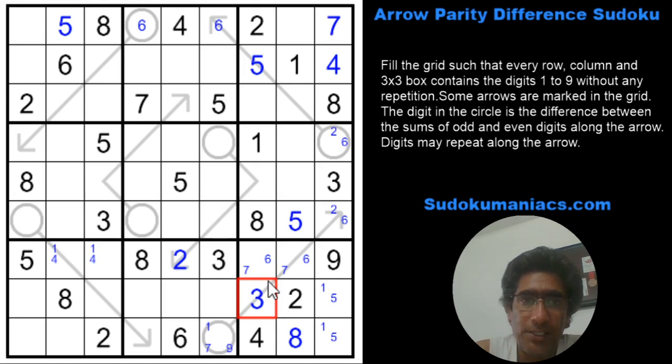But for the odd digits, if the number of odd digits is even, that is I have 2, 4, 6 or 8 odd numbers, then their sum is even. But if I have just 1, 3 or 5 odd numbers, then their sum will be odd. So now to get a difference of an odd number, I know for sure the evens will always be even. So the odd digits will have to sum up to an odd number, right?